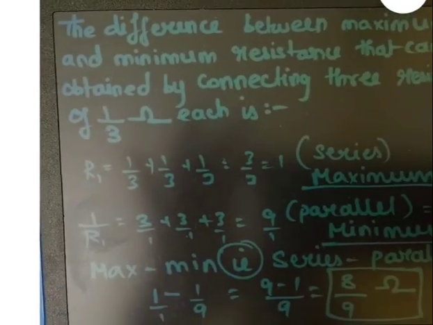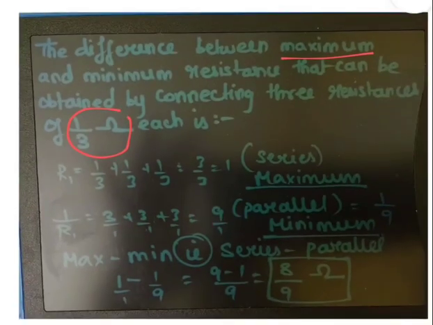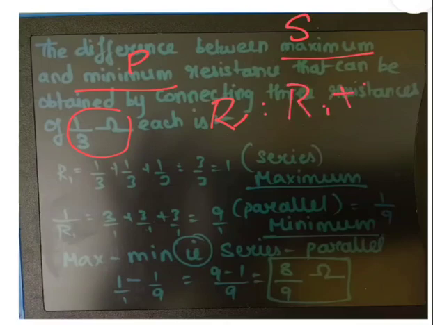So the difference between maximum and minimum resistance that can be obtained by connecting three resistances of 1/3 ohm each is. So this is a problem. Before solving that, maximum resistance is connected always in series and minimum is always connected in parallel. So the formula for series connection is that Rs is equal to R1 plus R2 plus R3, or however many resistances there are, we can directly add them.